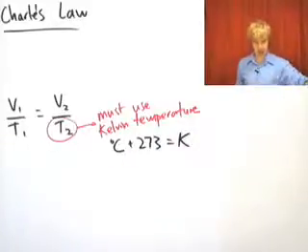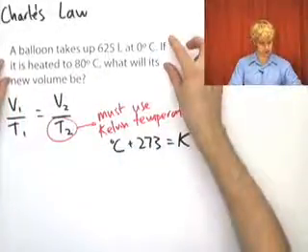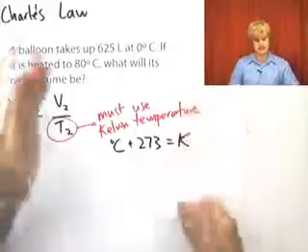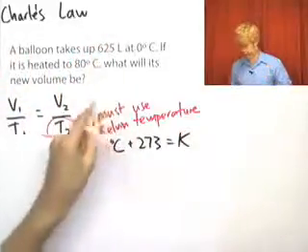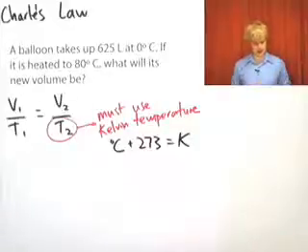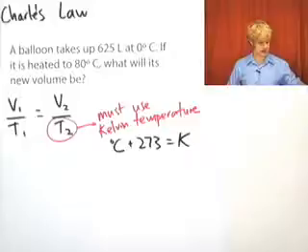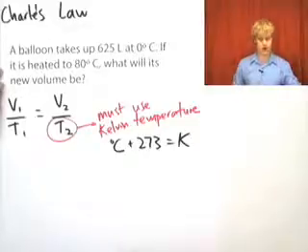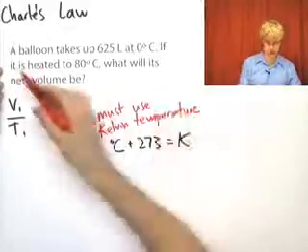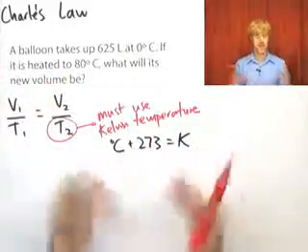Keeping that in mind, let's go ahead and take a look at this problem. We say that a balloon takes up 625 liters at 0 degrees Celsius. If it's heated to 80 degrees Celsius, what will its new volume be? There are a couple steps that we have to take. Let's figure out which of these variables we're going to be solving for first. We change this gas by heating it up.